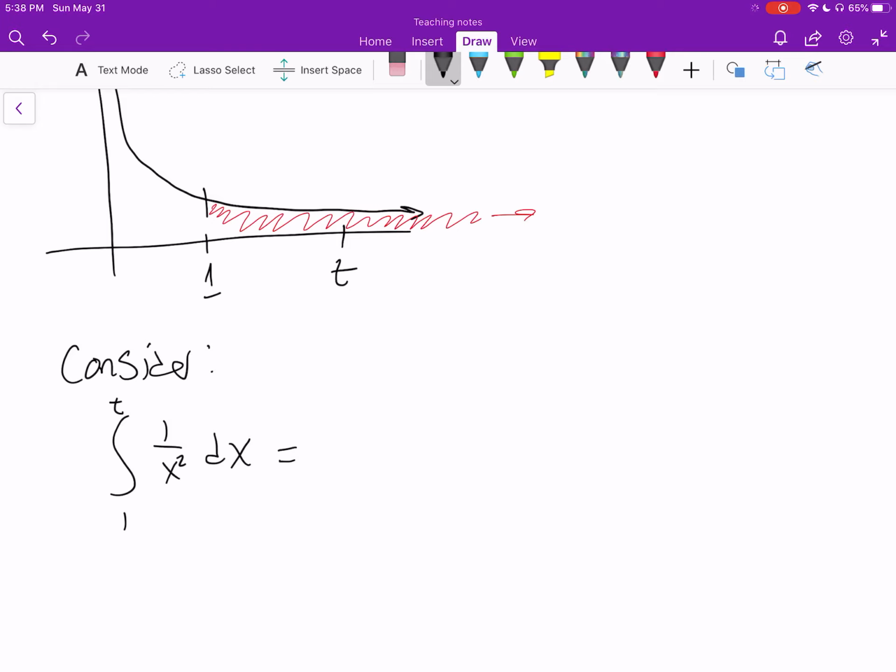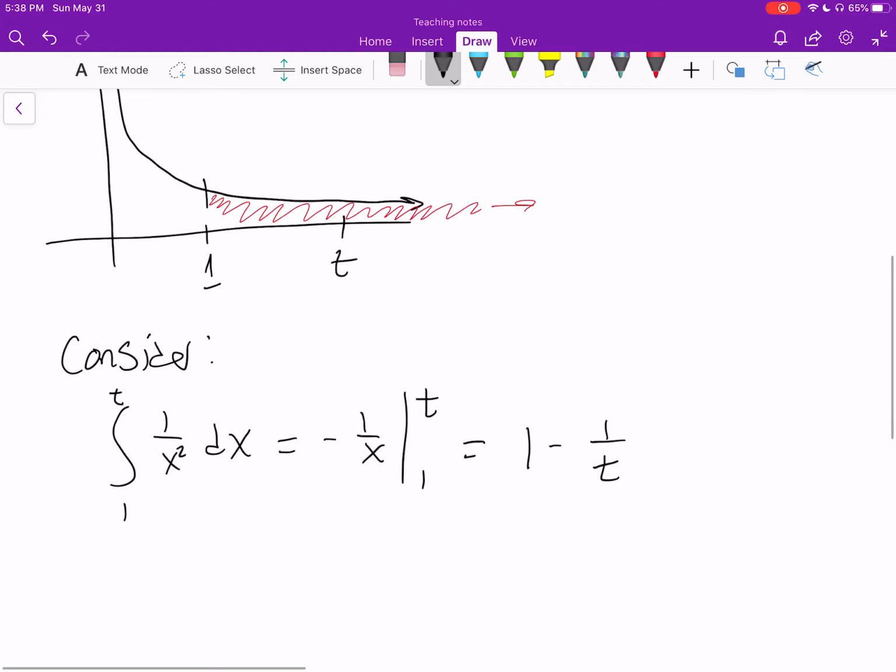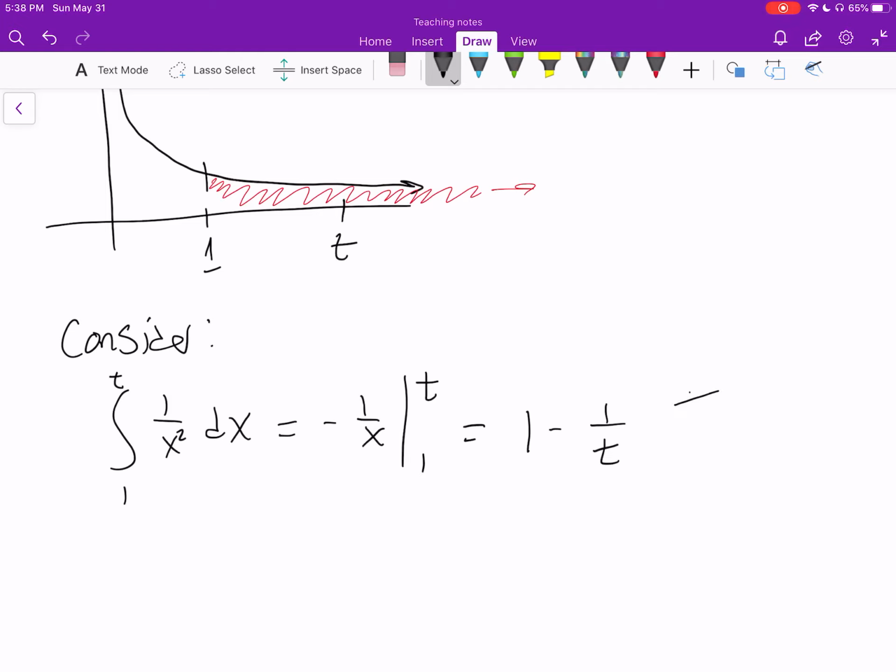If I do this integral, I'm going to get negative 1 over x evaluated from 1 to t. And when you evaluate it, this ends up being 1 minus 1 over t. You can already see as t gets really large, the 1 over t term is going to 0.